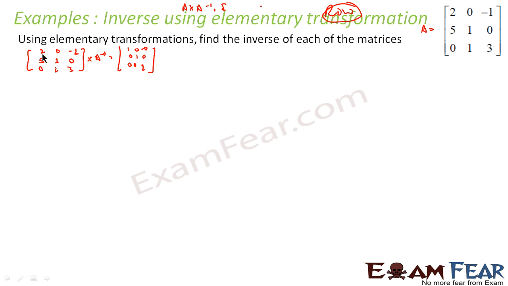So I'll say R1 is nothing but R1 by 2. This is my row 1, row 2, row 3. Everything divided by 2.